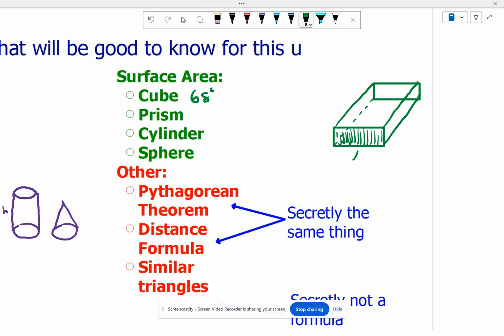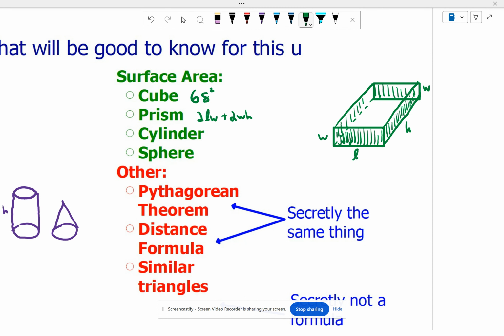I'm going to call the dimensions length, width, and this will be the height. So the area of the front window is length times width. Now the back window is going to be the same thing, also length times width. So there's going to be 2 of those. Now that's not all of it, so we've got to add something. Now these side doors right here, the area of that is going to be the width times the height, and there are 2 of those side doors. So it's 2 WHs.